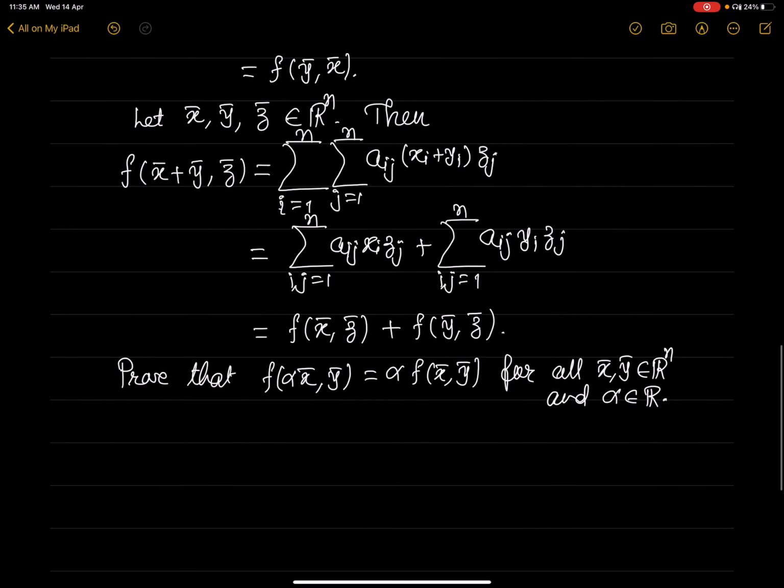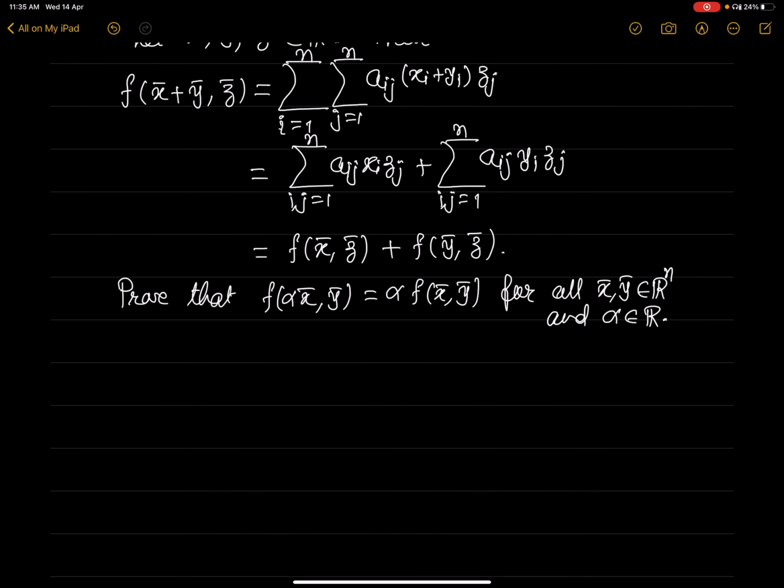Now we prove the converse. Right. Now assume that f is a bilinear map, that we are assuming.